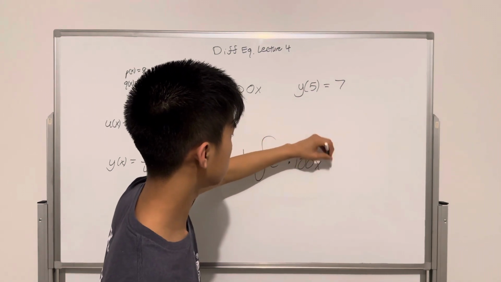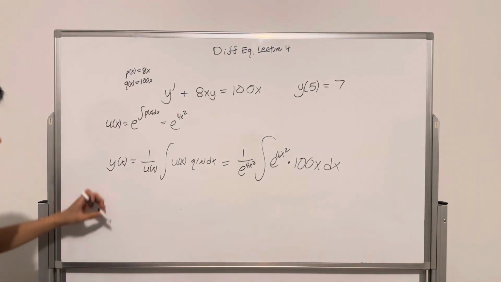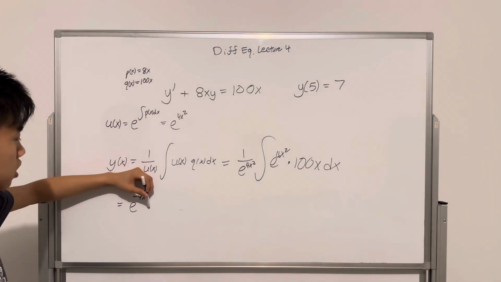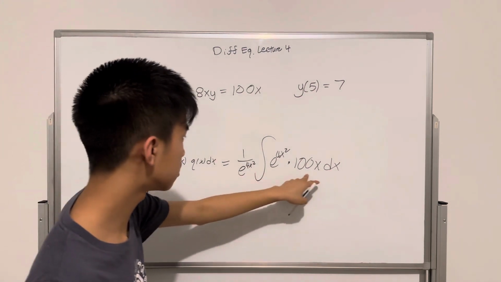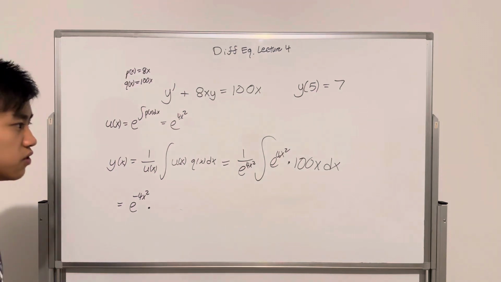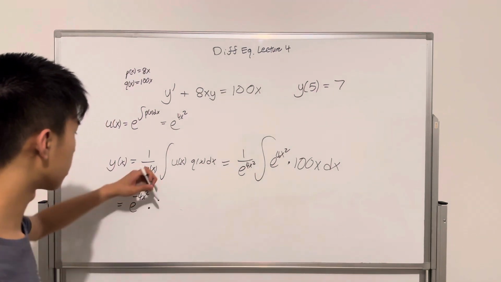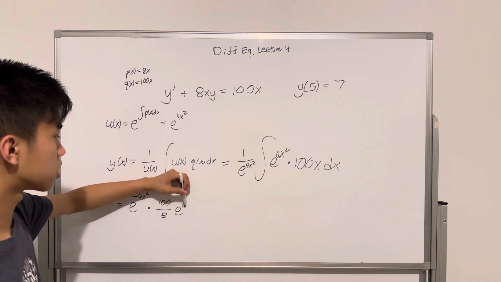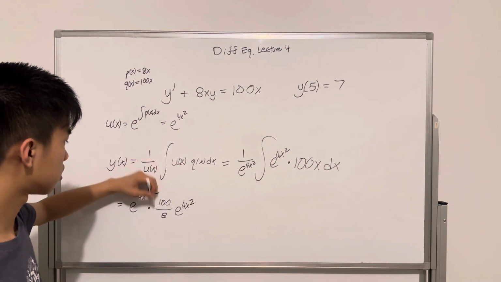So 100x dx. Now this becomes e to the negative 4x squared times the integral of this. After doing a nifty u substitution, we get 100 over 8 times e to the 4x squared power plus c.